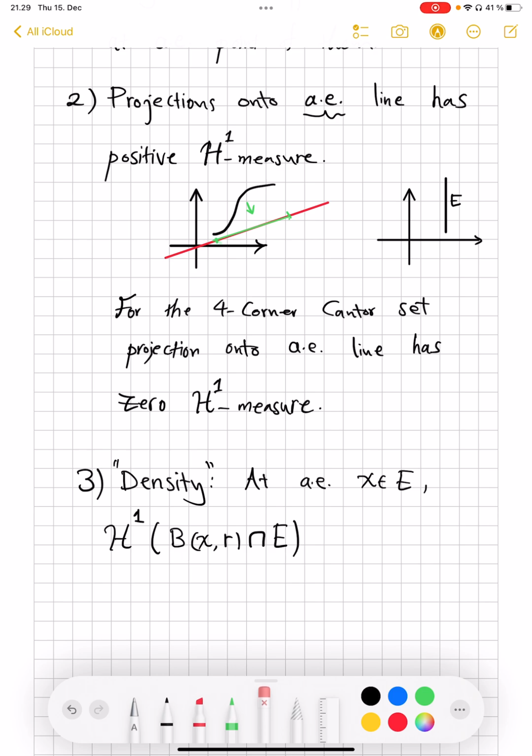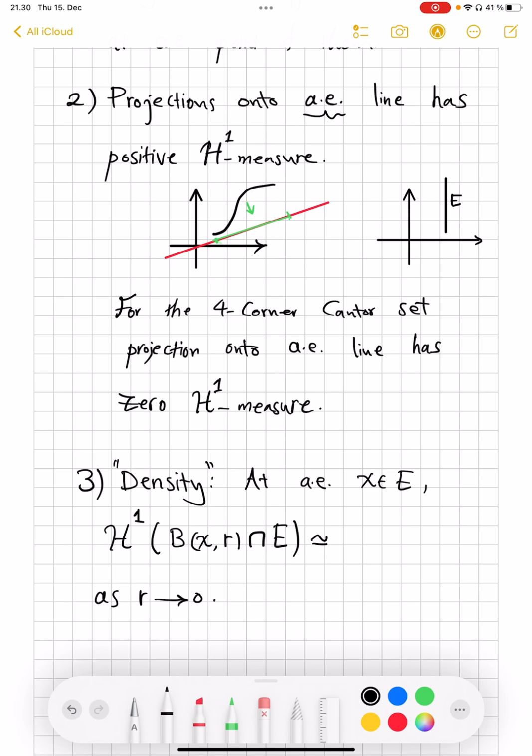But anyway, however you look at it, this is the same set, and now the claim is that if you are like a C1 curve, then for very small r, that means as r goes to 0, if you zoom in around the point, the measure of this is getting very close to what you would see in the real line.